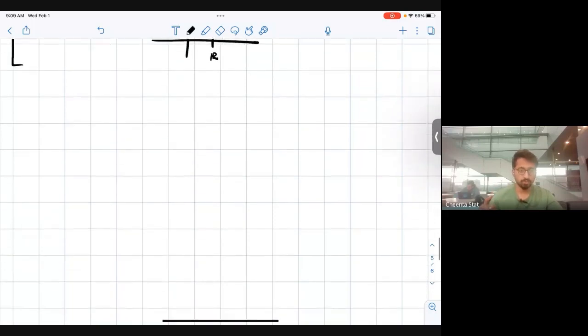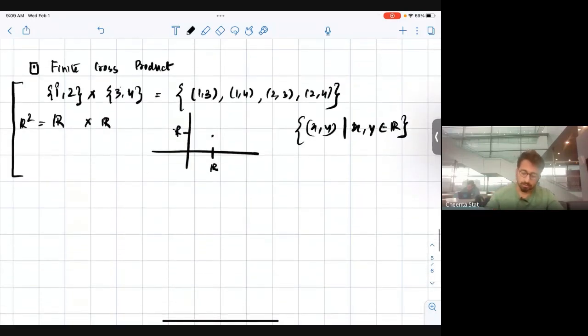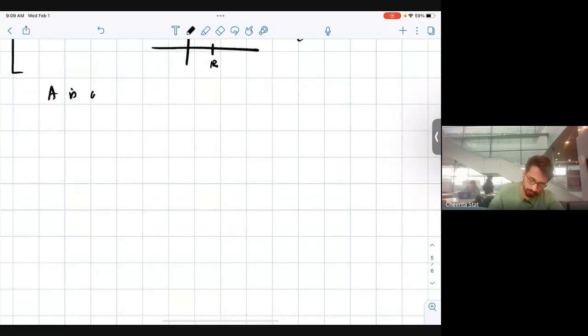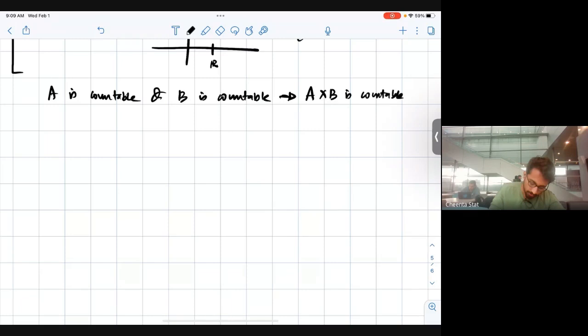Thank you for replying. So after getting the finite cross product of two sets, we will say that if A is countable and B is countable, that implies that A cross B is countable.